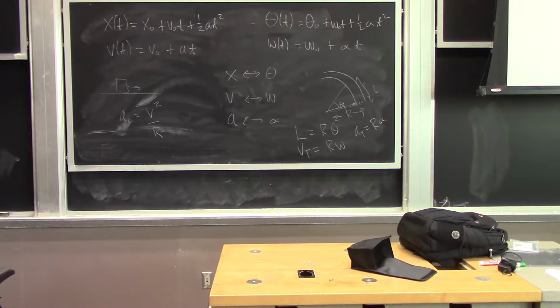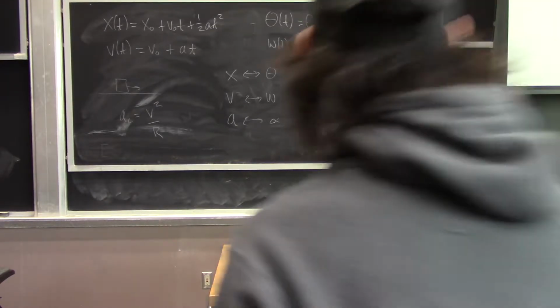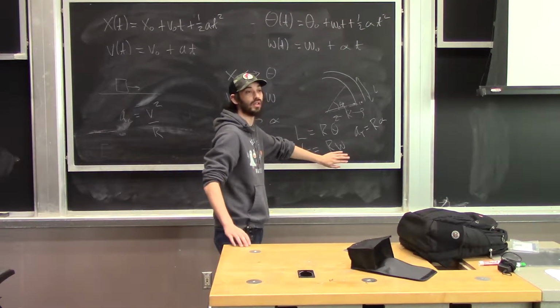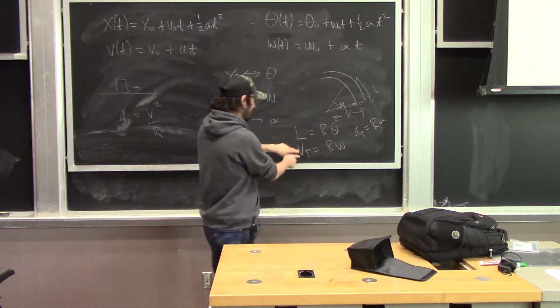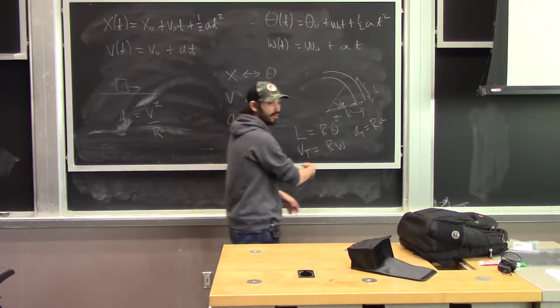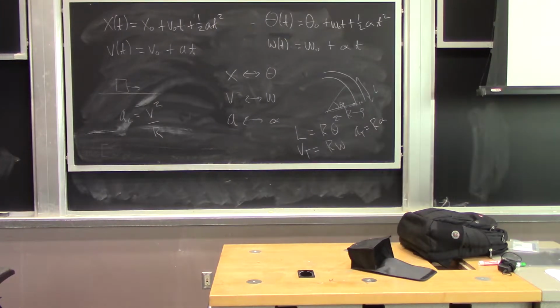So the way that you're doing this, and this is good, is going to give you the tangential velocity. But what we actually want is the angular velocity. So in order to get the angular velocity out of the tangential velocity, we could look at this equation that relates the tangential velocity to the angular velocity. What you're solving for is this, but what we want is that.